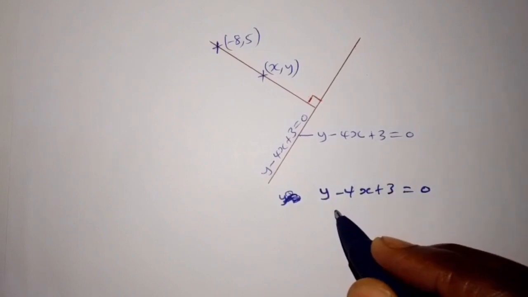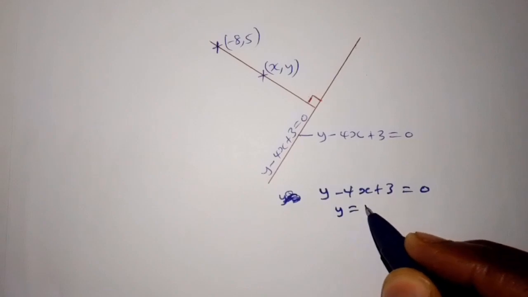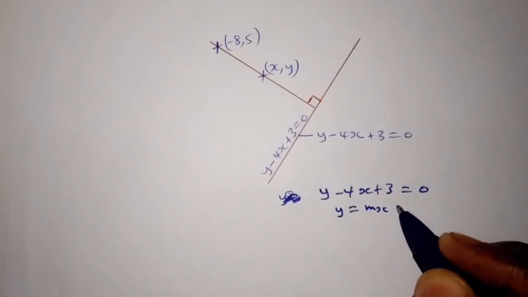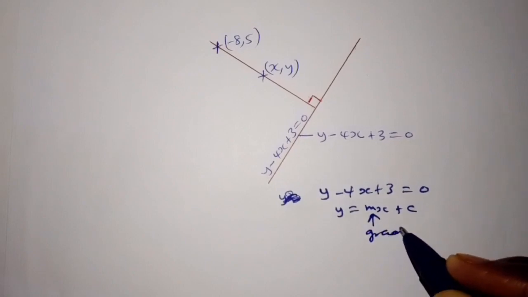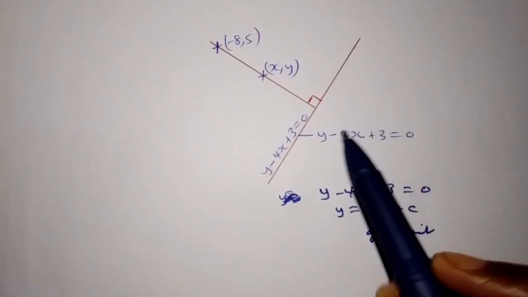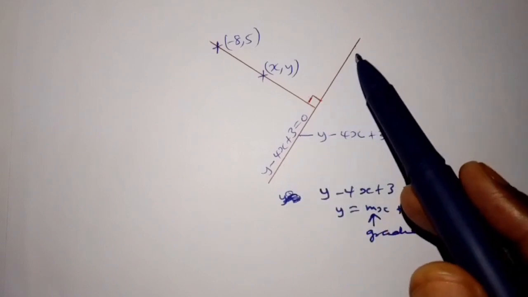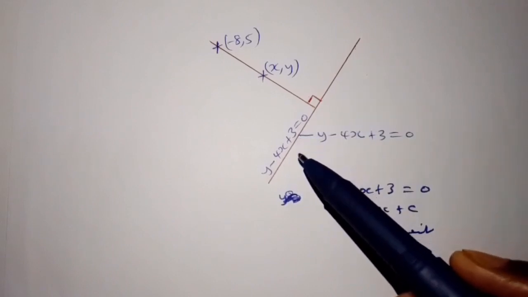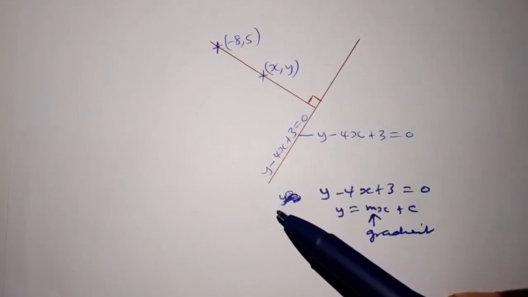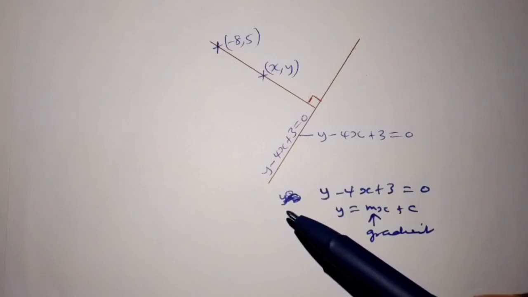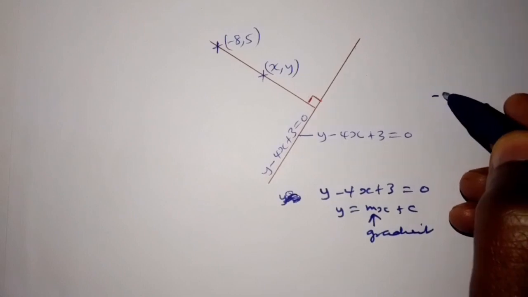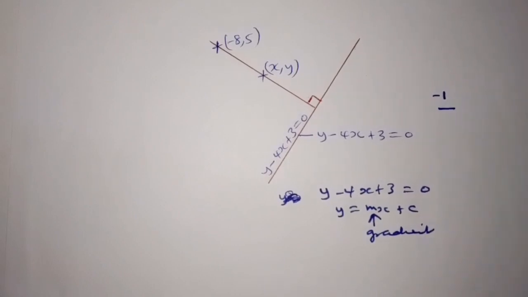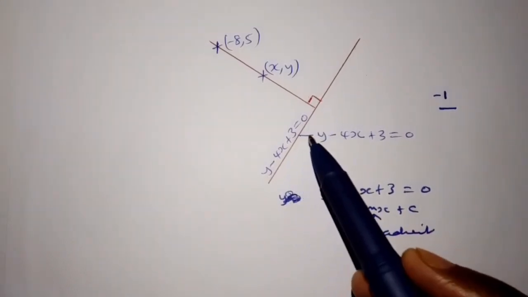We can write it in the form of y is equal to mx plus c, where m is the gradient. So we can find the gradient of this line, and the product of gradients of perpendicular lines is always -1. So now let's find the gradient of this line.